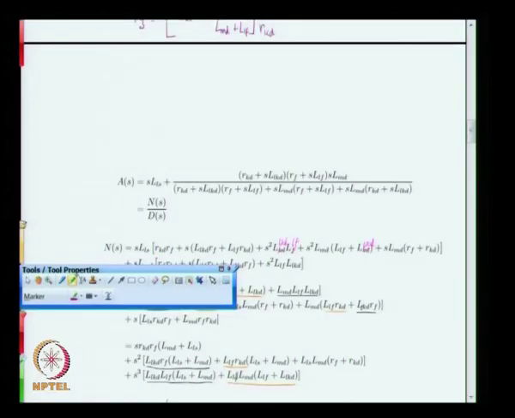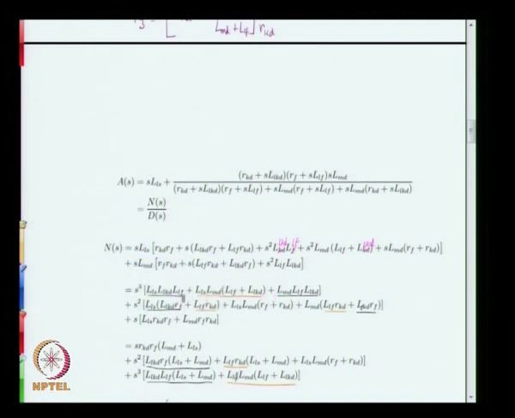So if we take the first s cube term, you have LLS multiplied by LLKD into LLF, and that is the first term, and then you have LLS LMD multiplied by LLF plus LLKD.